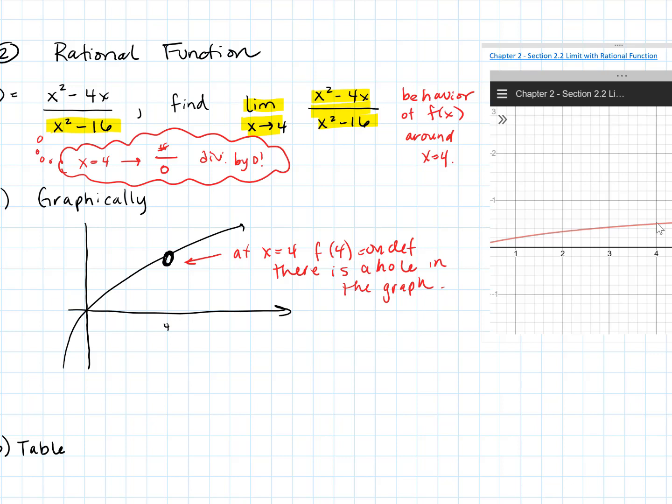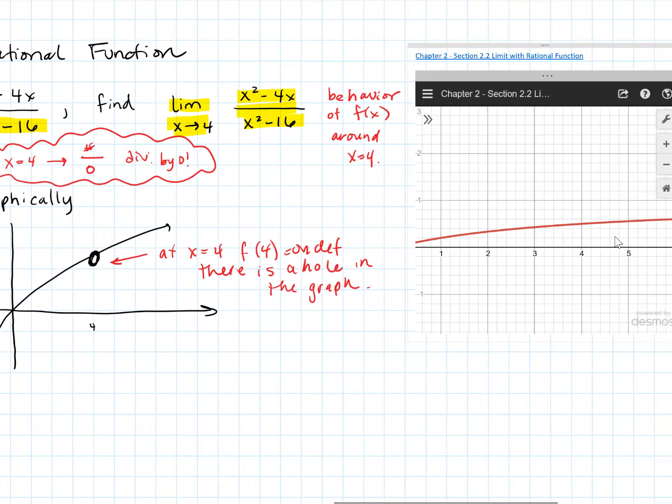Well, coming from the left and from the right, I've zoomed in here, and we can start to see that it seems to be approaching graphically. As I'm getting closer and closer, I'm looking at that y value 0.497, and on the other side 0.504, 0.503. This is approaching 0.5 or 1/2.